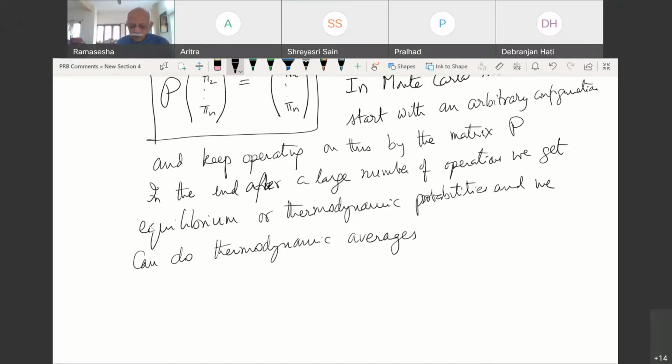It's possible to do thermodynamic averages, where any property Q is just given by the sum of Q_i p_i, where Q_i is the property in configuration i.